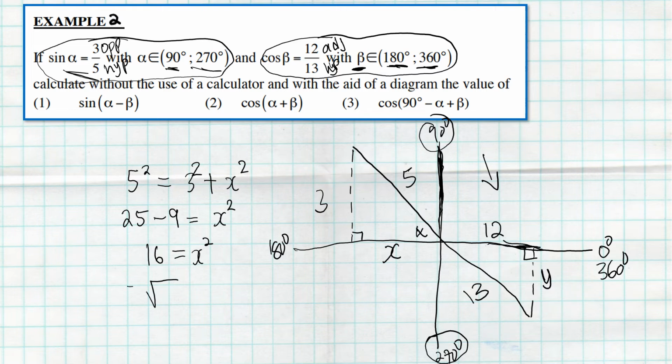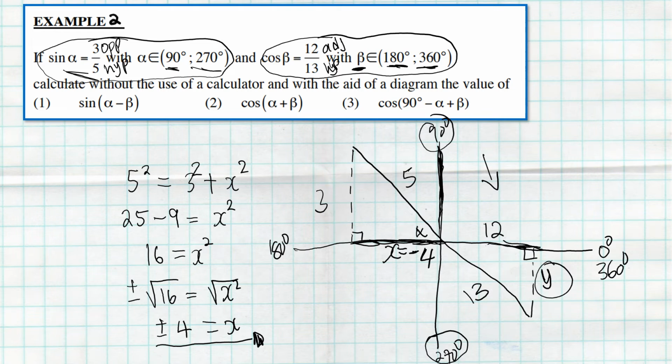If I apply the square root, I have to say plus or minus, so x will be equal to plus or minus 4. Now we need to know, is our x on the positive side or on the negative side? Check your x. It's on the negative values of x, right? It means here our x will be negative 4. Can you see?